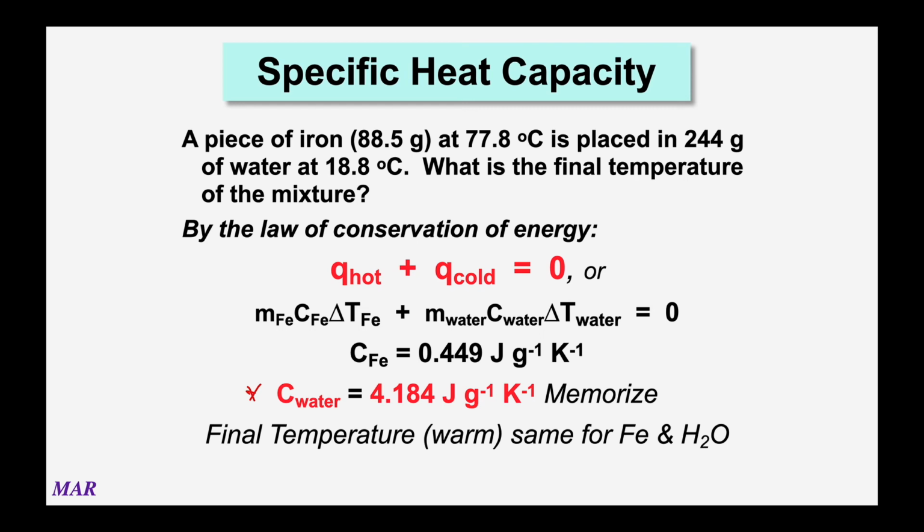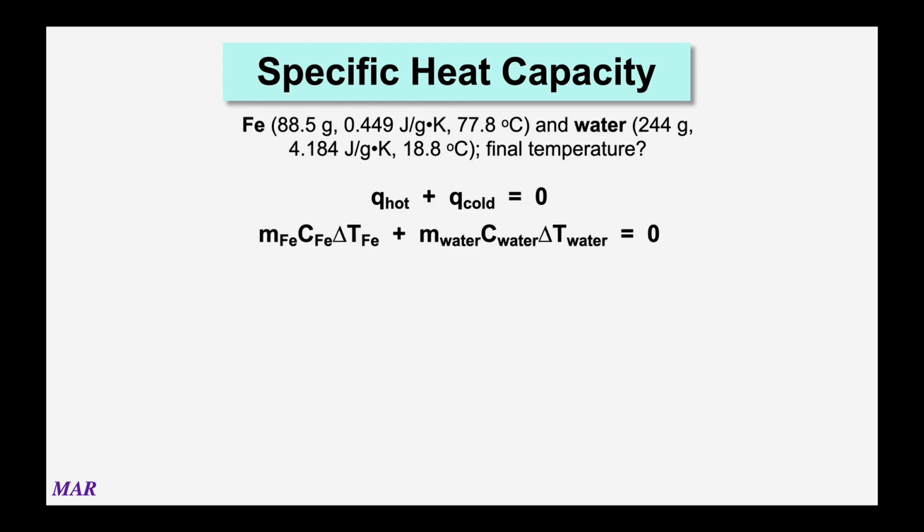So in both of the delta T's, the delta T for the Fe and the delta T for the water, those are both final minus initial. The initial temperature of the iron is 77.8. The initial temperature of the water, 18.8. But the final temperature, which is going to show up in both of those, that's going to be the same number.